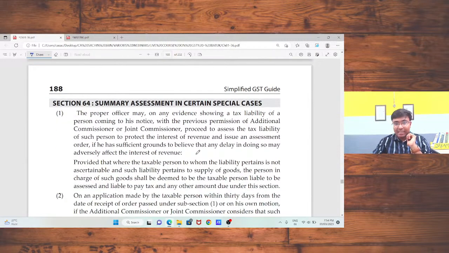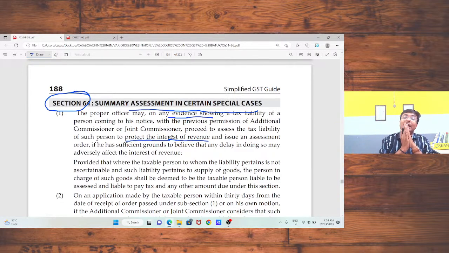Now as we had discussed, section 64, that is summary assessment in certain special cases, where the proper officer thinks that there is an evasion of tax, or there is a loss of revenue, or they want to protect the interest of revenue. In that case they may do the summary assessment.